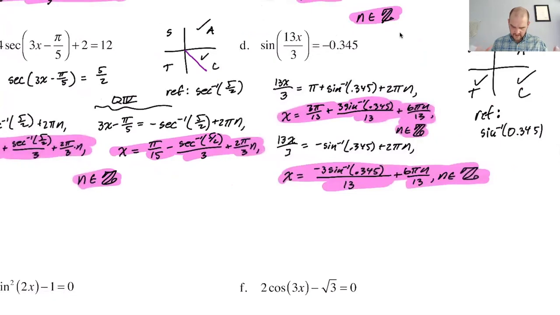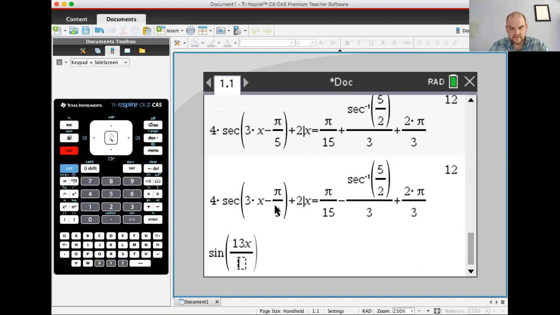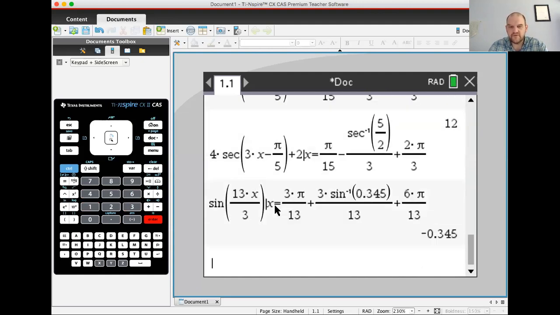Okay, so let's check it and we'll see. I usually feel pretty confident about these because unless I do something kind of dumb, they should work out. I'm just going to do the thing where I try to check my answer, so x equals 3 pi over 13 plus 3 arc sine 0.345 over 13 plus, so if you just add one period, it kind of checks all the boxes, negative 0.345, exactly what we wanted.